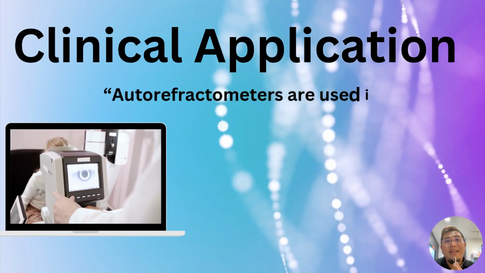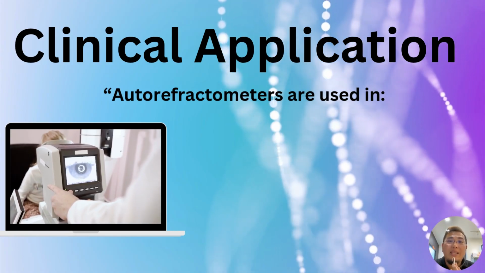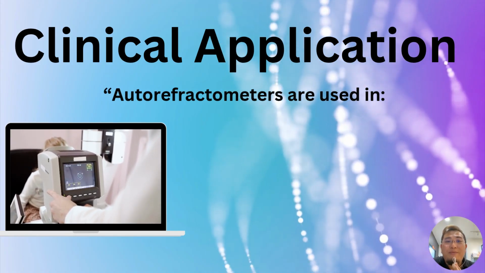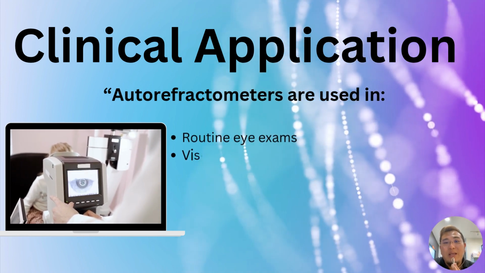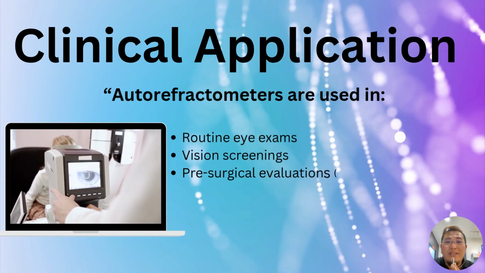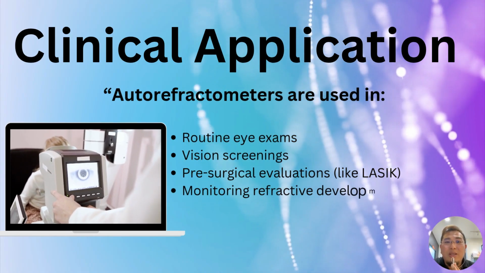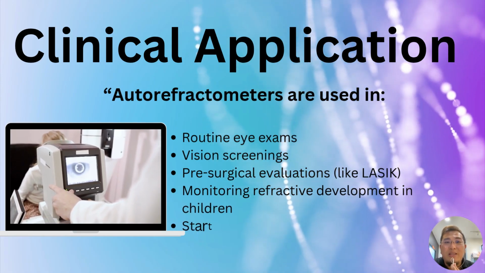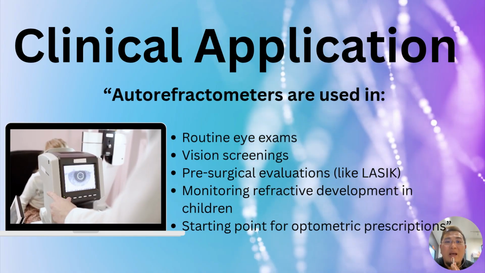Autorefractometers are widely used in clinical settings to provide a quick and objective measurement of refractive error. They are essential tools in routine eye examinations, helping optometrists to assess the patient's vision status efficiently. These instruments are also used in vision screening, especially in school and community health programs, where fast and accurate assessments are needed.